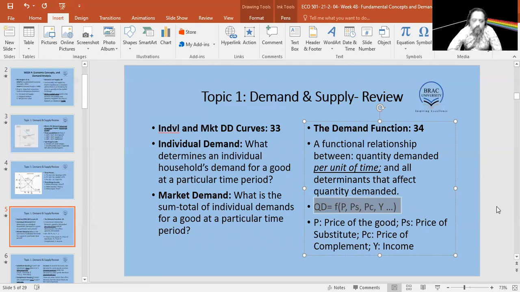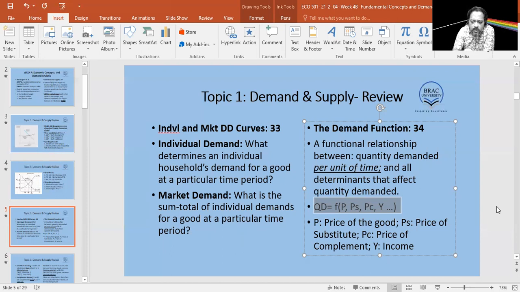PC is a complement good, whose price also influences the demand of the original good. Y is income, which also influences the demand of the original good. Now, you could say there are 300 more factors, yes, but these are the main 4 factors that we will be interested in, and these 4 can bring out lots of possible cases.